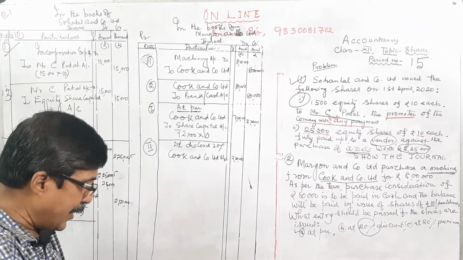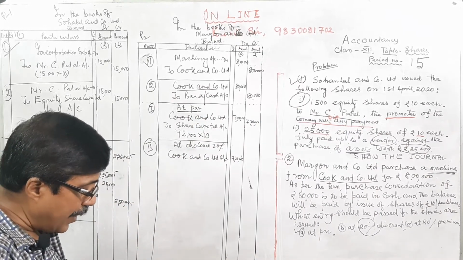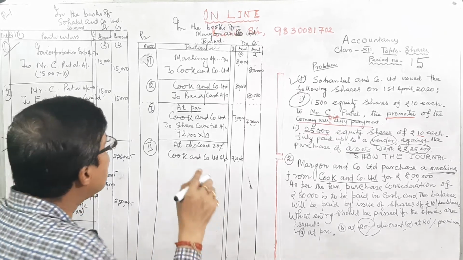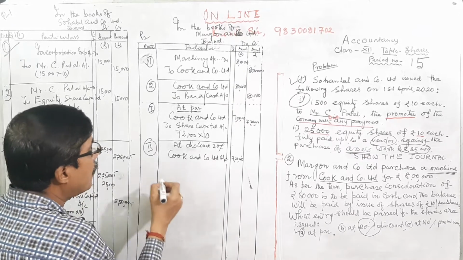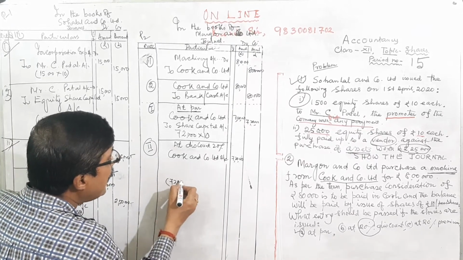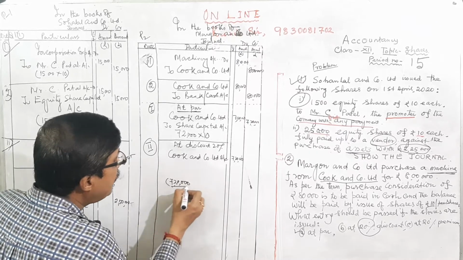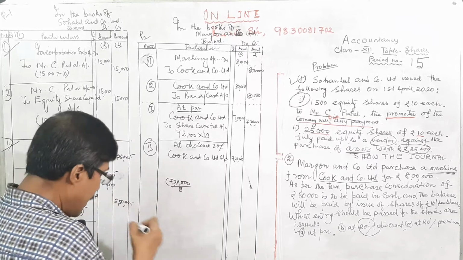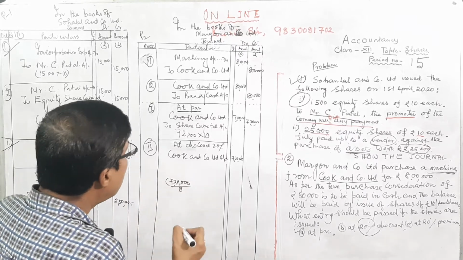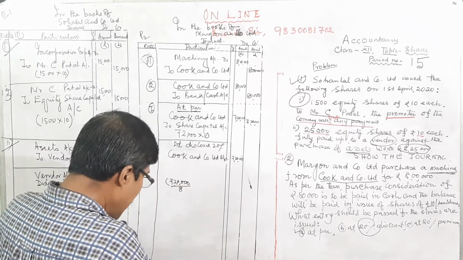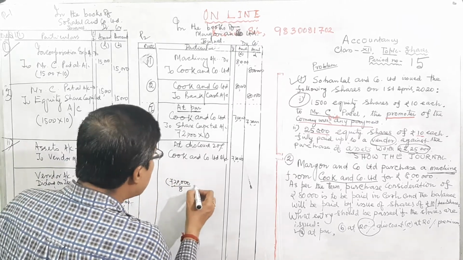So the share price is 8 rupees. 7,20,000 divided by 8 is 90,000.